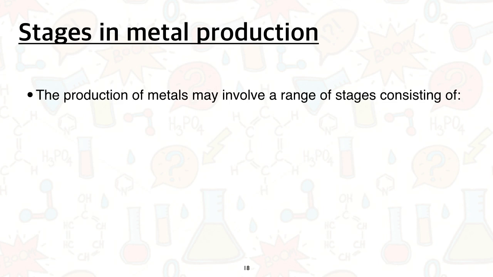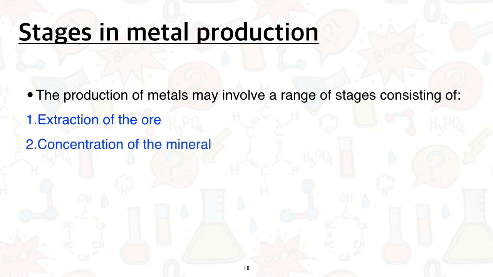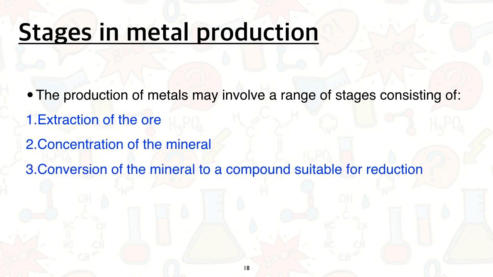In terms of the processes, it can involve all or a combination of some of these processes. First one, you'd have to extract the ore. Second, you may need to concentrate the minerals within the ore. Thirdly, conversion of the mineral to a compound suitable for reduction. So it's important to note that you can't just take those minerals and then reduce them straight away.